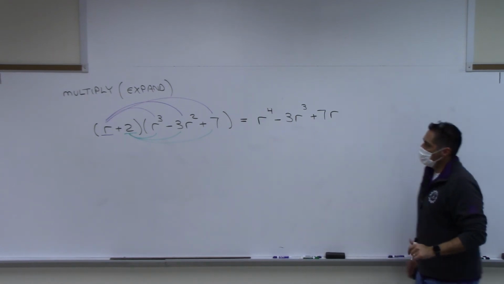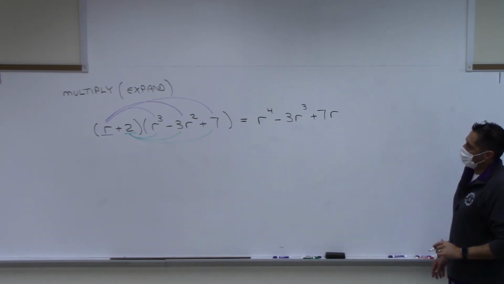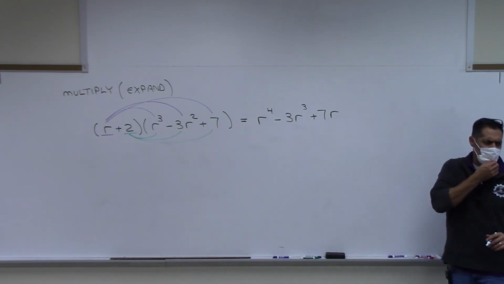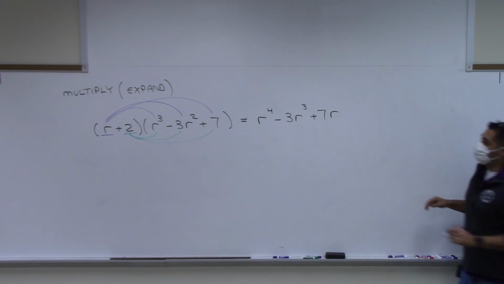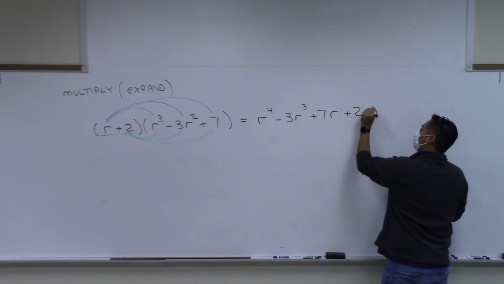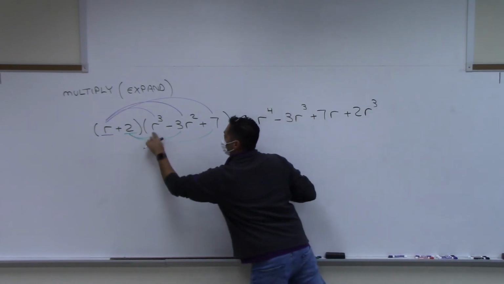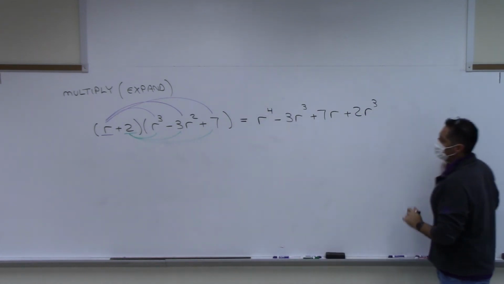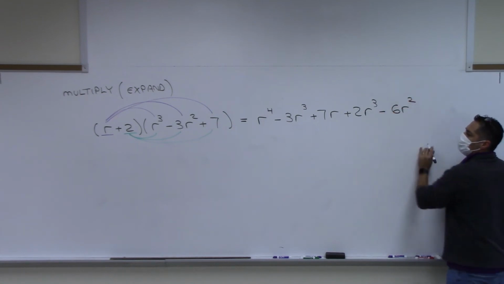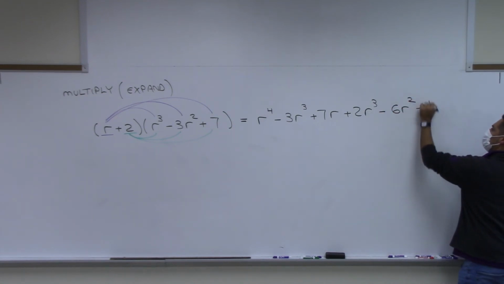Who's going to continue? 2R cubed. So plus or minus? Plus 2R cubed. So you're doing this one to this one, right? Okay. Keep going. Negative 6R squared. Okay. And then plus 14. There we go.